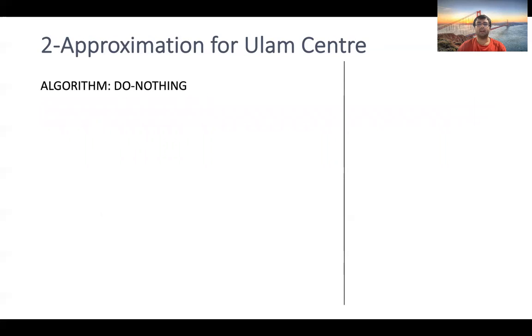Let's give an intuition for the 2 approximation algorithm for the Ulam center. The same algorithm will work for Ulam median with only a slight change in the analysis. What does the algorithm do? Nothing. We can pick one of the points arbitrarily. How will this help us get a 2 approximation? Well, triangle inequality. Consider any point without loss of generality. Let's say we picked P1 and output it.